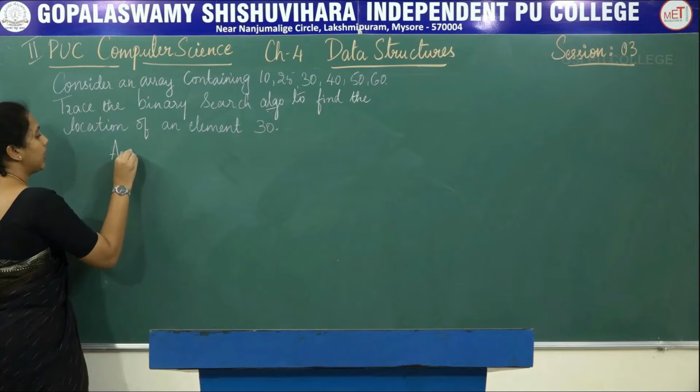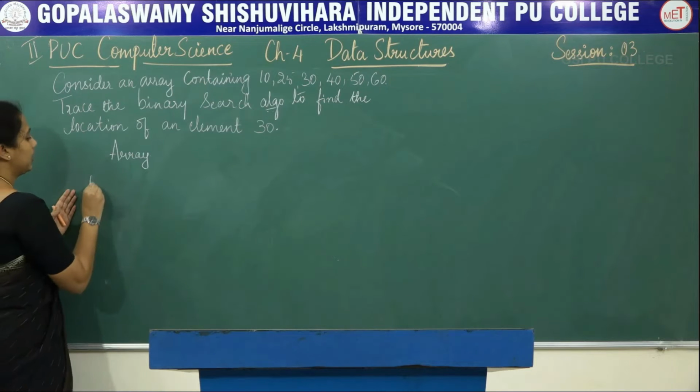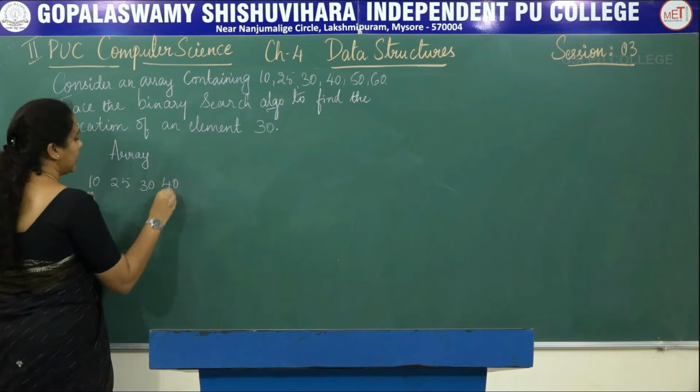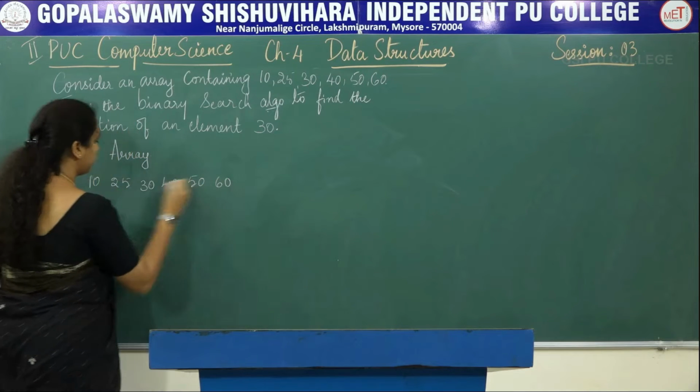So what is our array? Our array contains 10, 25, 30, 40, 50 and 60.